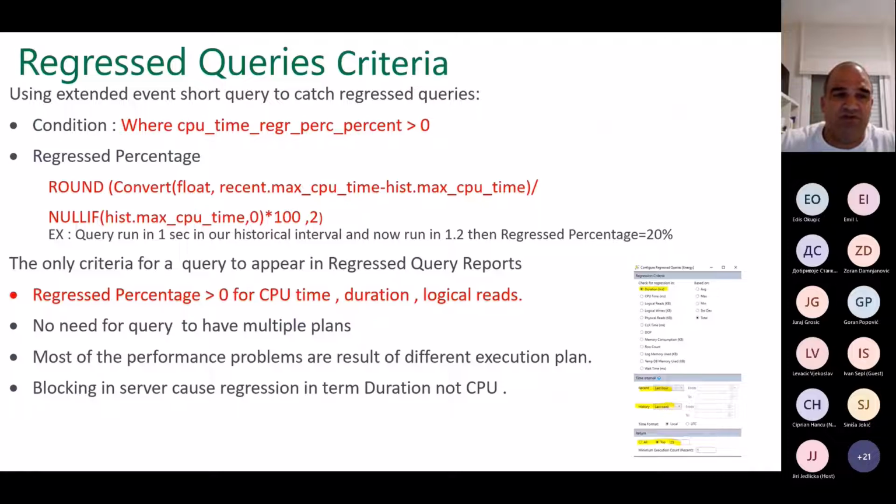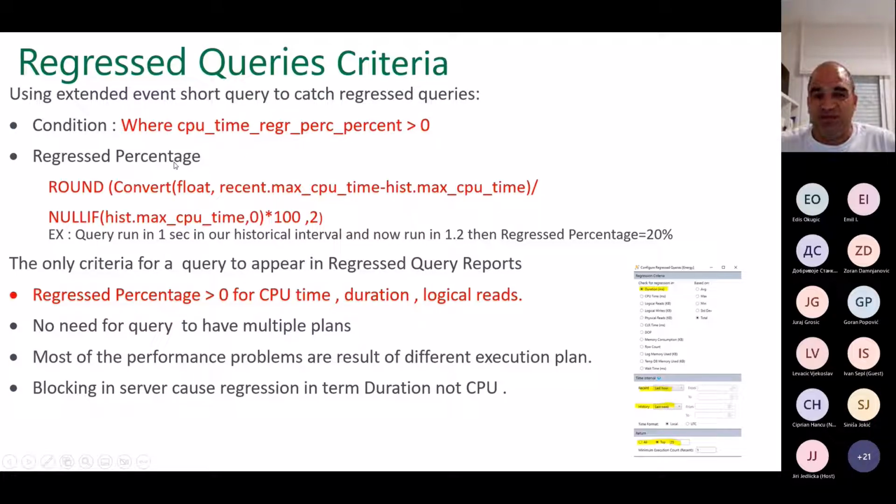I passed fast because I want to go to the new features. Regressed query: what is the criteria for a regressed query? This is the condition: where CPU time regress percent is greater than 0.